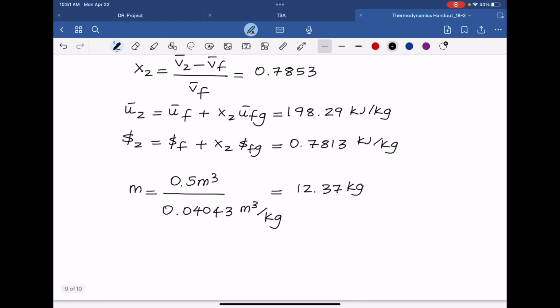Okay, so we know everything that is necessary for us to calculate the entropy change of our pure substance, which is mass times specific entropy change.